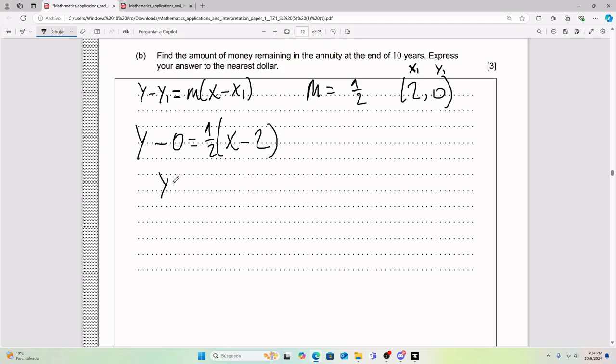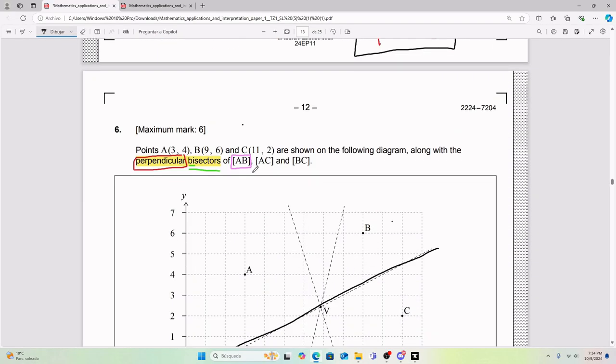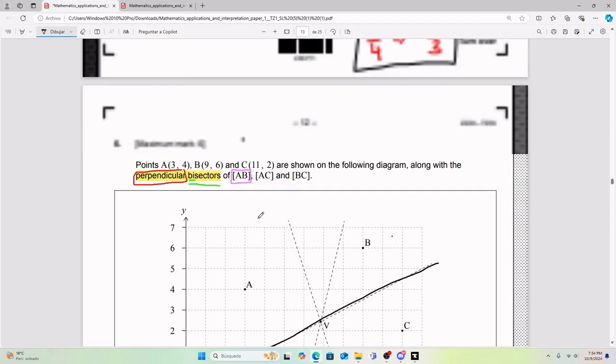So y minus 0 is of course 0. This 1/2 is going to distribute. So that means I end up with x divided by 2 minus 1/2 times -2. You can check with your calculator, but you should end up with -1. Okay? So here is my equation for the perpendicular bisector of BC.